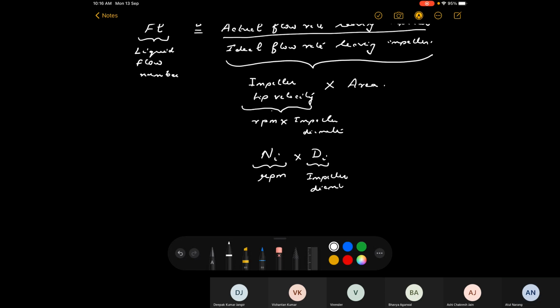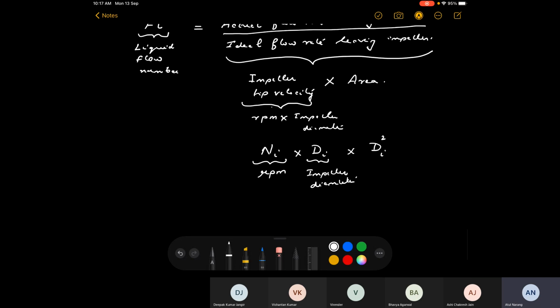The product of these two gives you the impeller tip velocity. And this has to be multiplied by some measure of the area, which is taken to be DI squared. So a measure of the ideal flow rate leaving the impeller, keep in mind, these are order of magnitude calculations.